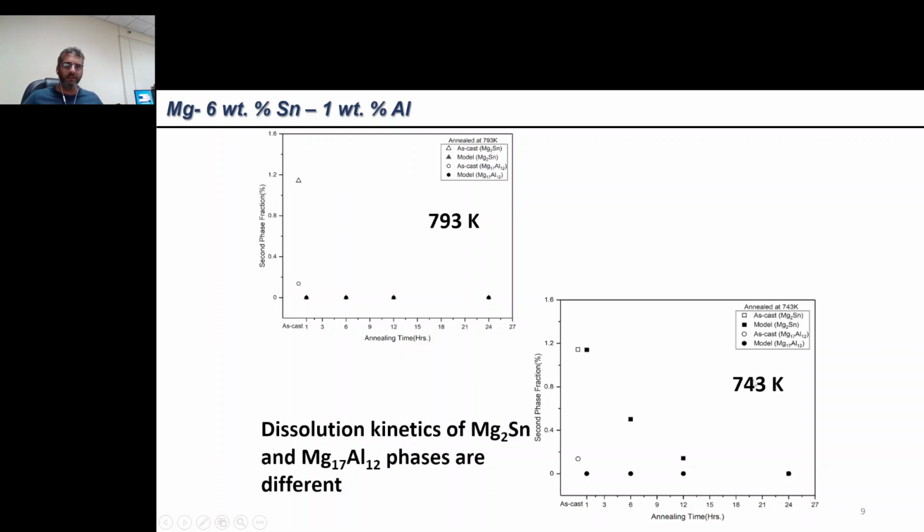But at 743 Kelvin, the dissolution kinetics of Mg2Sn are slower, so the overall dissolution kinetics of this alloy is governed by the Mg2Sn phase. This is information that is directly coming from the model.